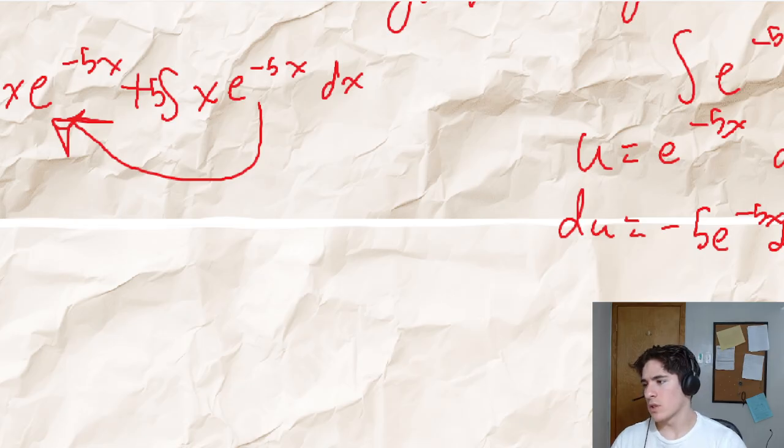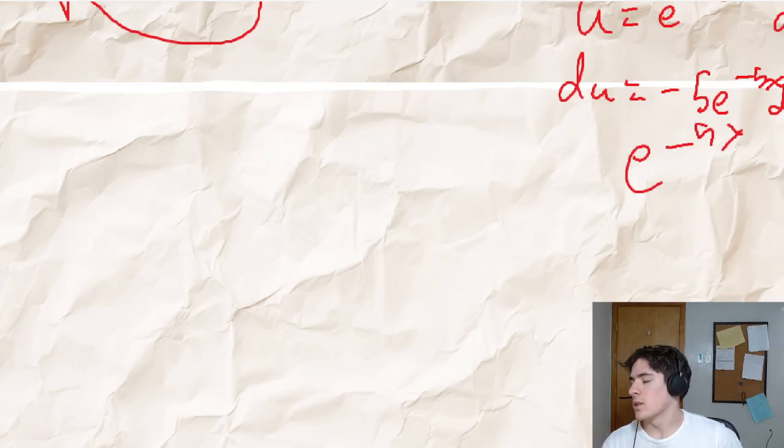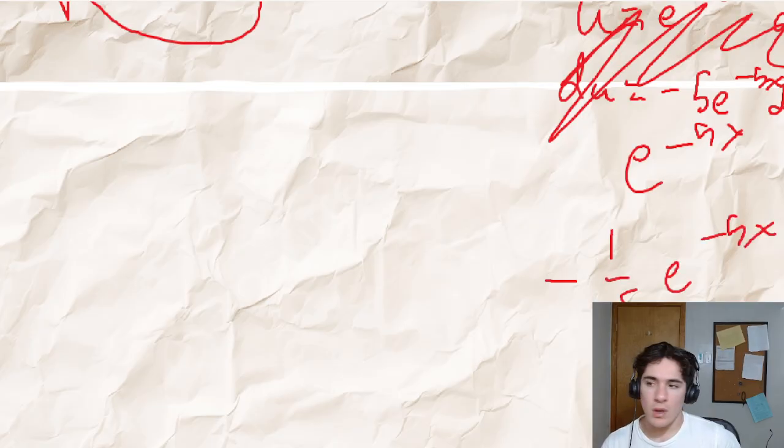I went into the most complicated thing ever, and then I came back around to realize that e to the power of minus 5x is just, the integral is literally just minus 1/5 e to the power of minus 5x. That's it. That's all it is.